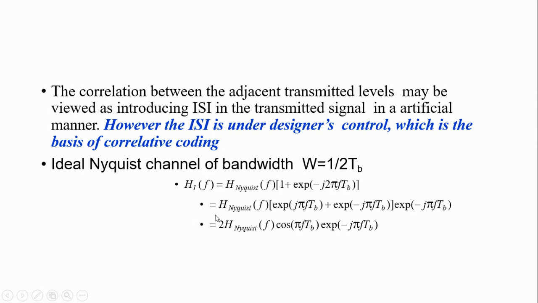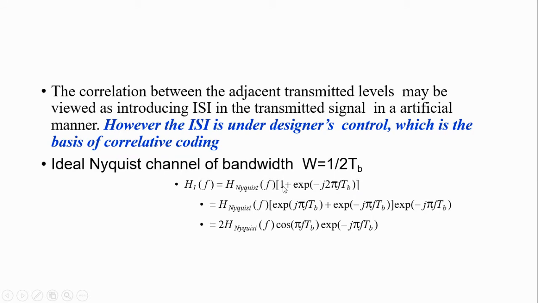So H of f is equal to H Nyquist of f exponential of minus j pi f Tb, taking the e power minus j term outside.